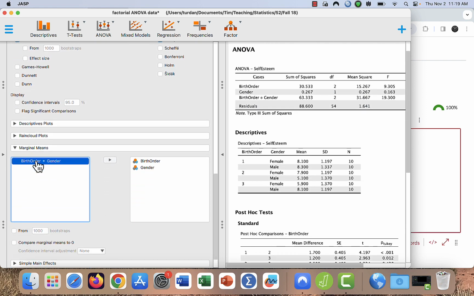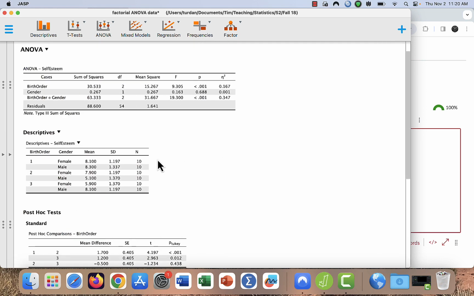All right. Last thing I'm going to show you is simple main effects. So you might be wondering something like, okay, these two means of males and females in the firstborn group, they look pretty similar. And then there's a little bigger difference between the males in the firstborn group and the females in the secondborn group. I wonder if that's significantly different.